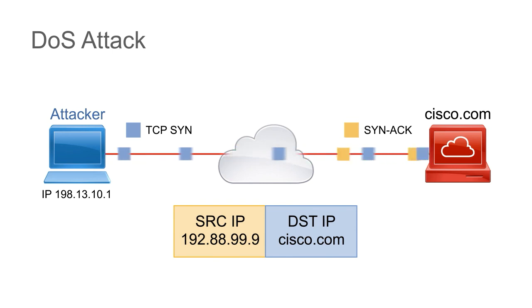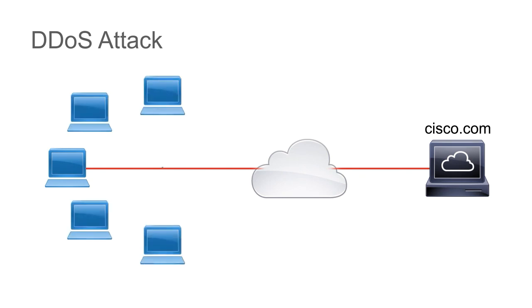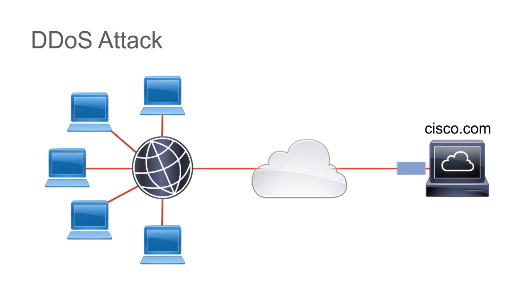Now let's take that a step further with another IP vulnerability that's on a larger scale. Now this would be a distributed denial of service attack. This has all the characteristics of that DOS attack, only rather than having that single attacker going against that Cisco server or whatever server it is, we have many attackers, and they're all over the globe. And in a coordinated effort, they launch an attack at the same time against that server.